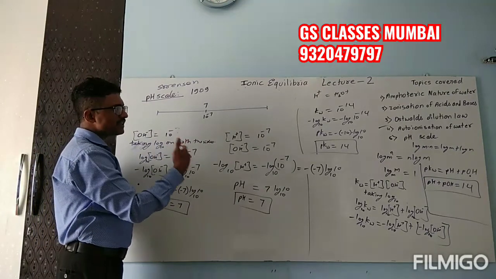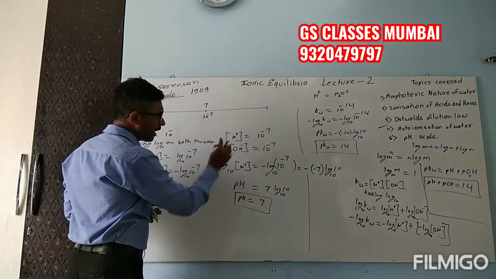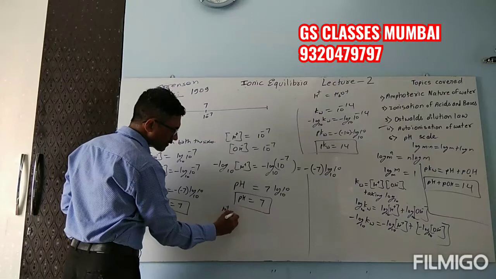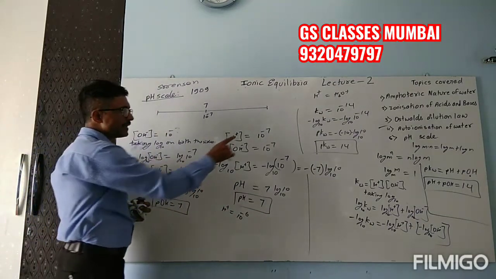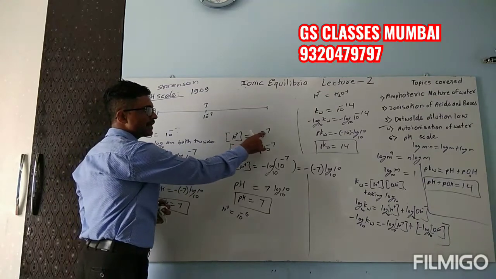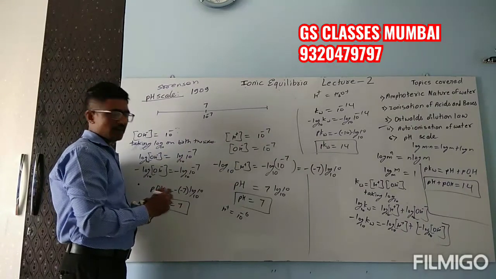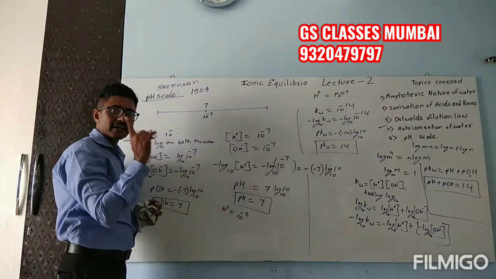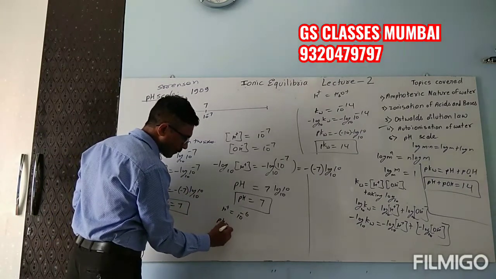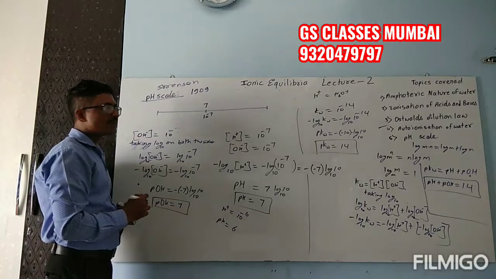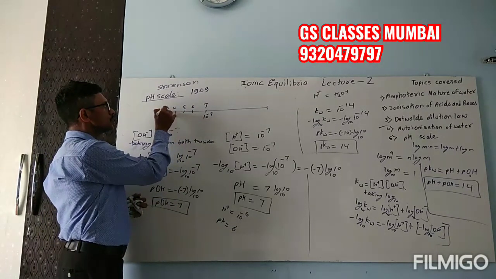When the concentration increases, means hydrogen ion concentration value is higher, say 10 to the power minus 6. Remember, 10 to the power minus 7 is a smaller number and 10 to the power minus 6 is a greater number because of the minus sign. So the pH will now become 6. This side I am getting 6, 5, 4, 3, 2, 1.